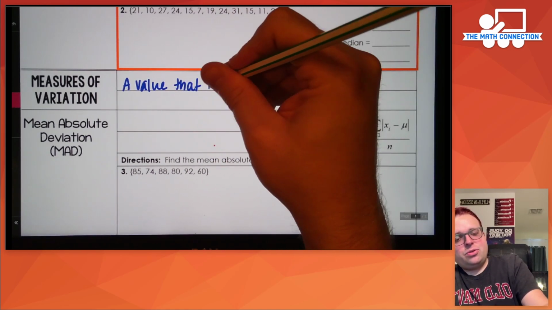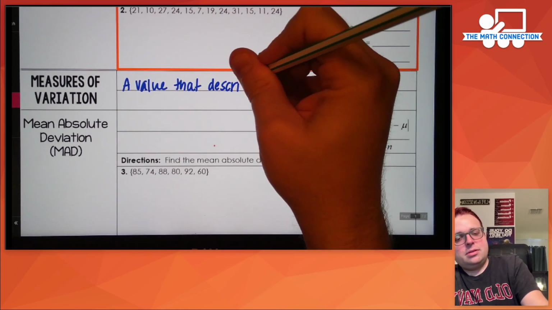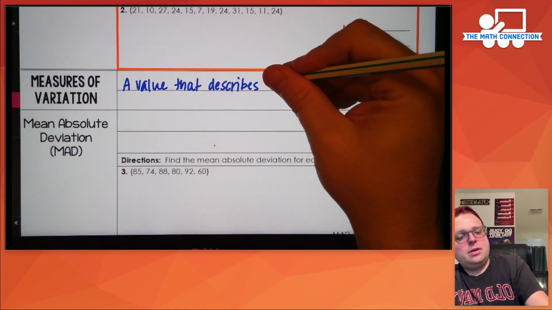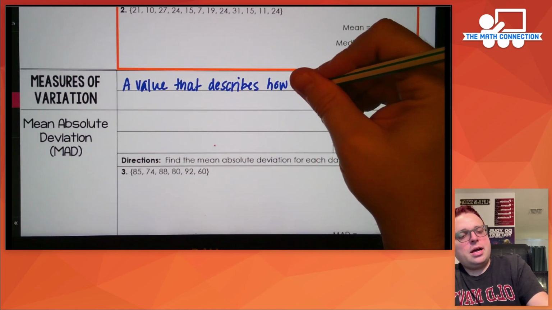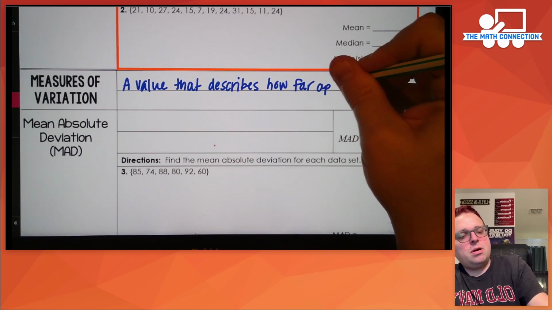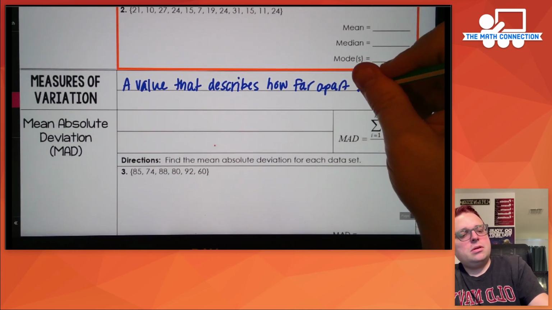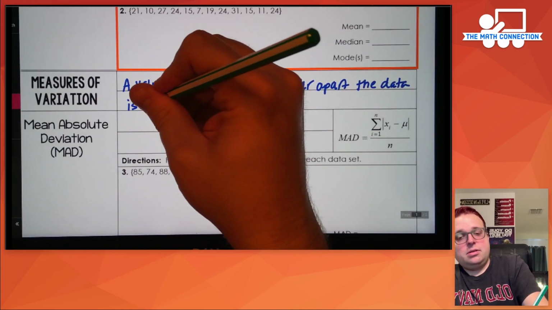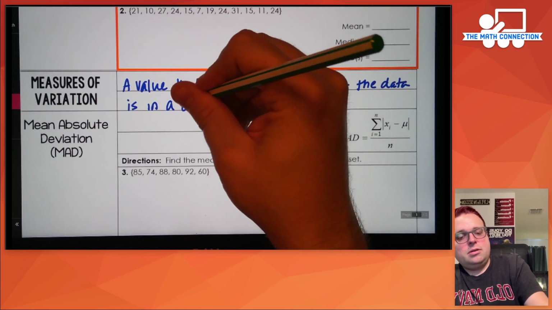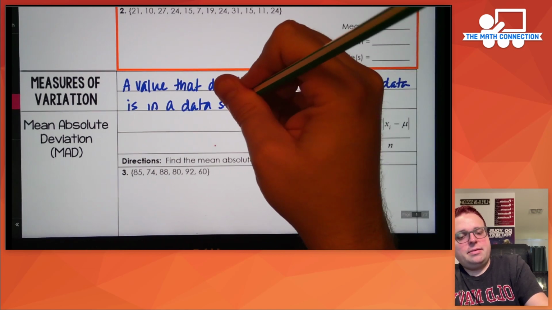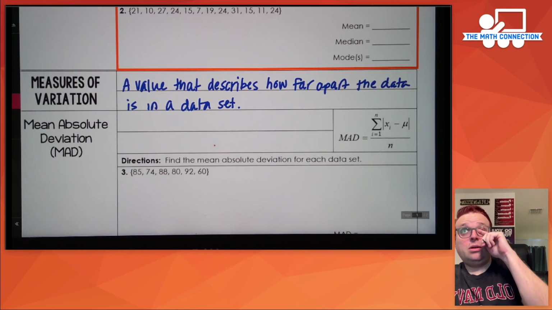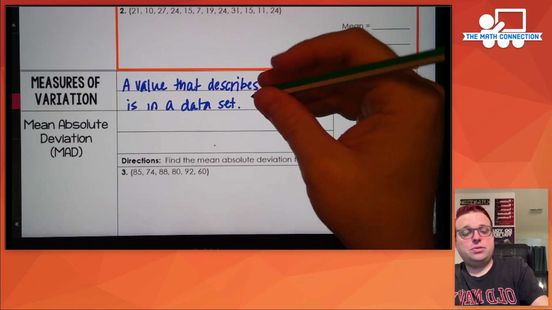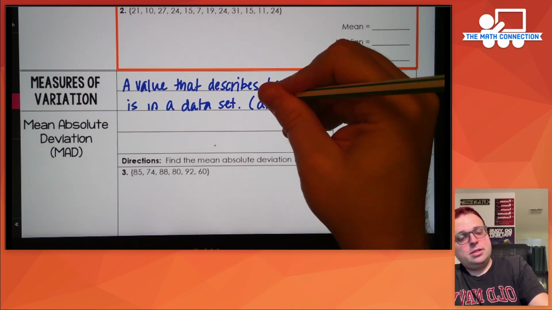A value that describes how far apart the data is in a data set. And so you might also see this referred to as dispersion.